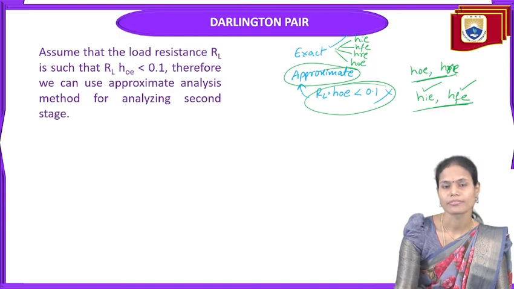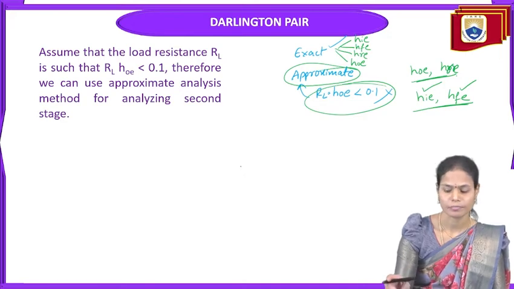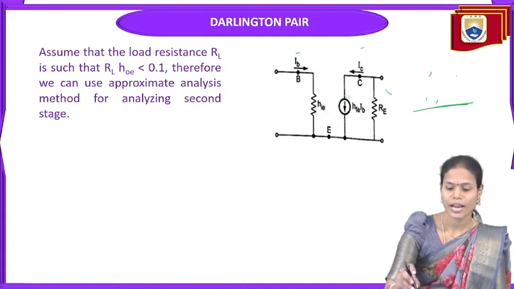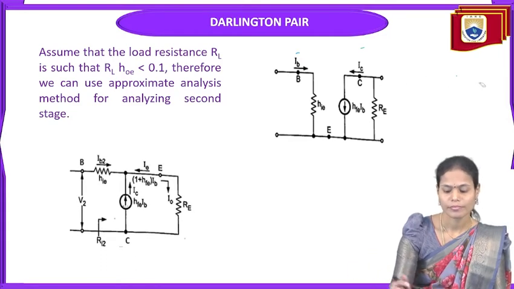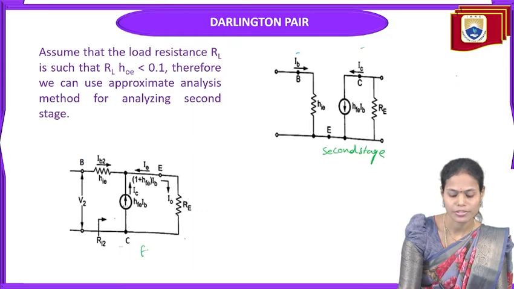That's why for the first stage we are making the exact analysis, and for the second stage we are going to perform the approximate analysis. So this is the hybrid equivalent circuit of the second stage, and this is the hybrid equivalent circuit of the first stage.